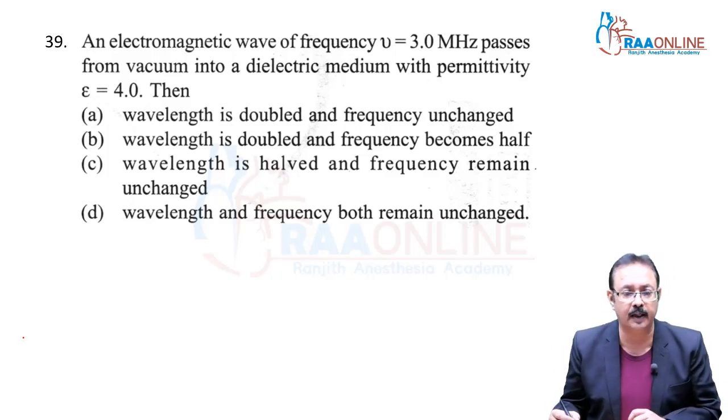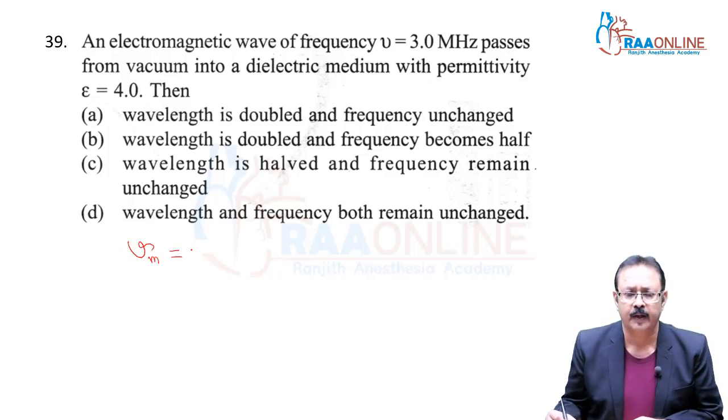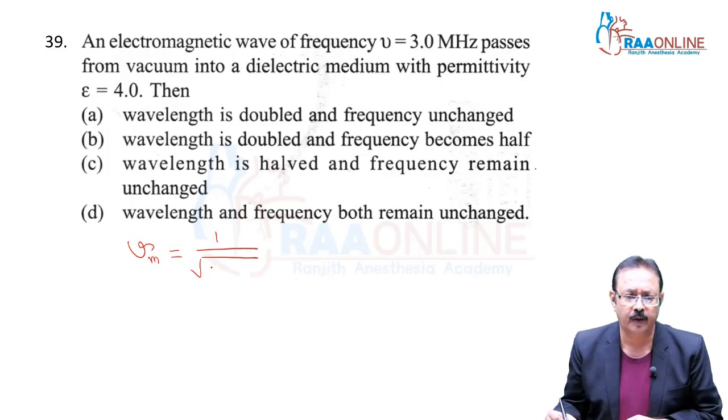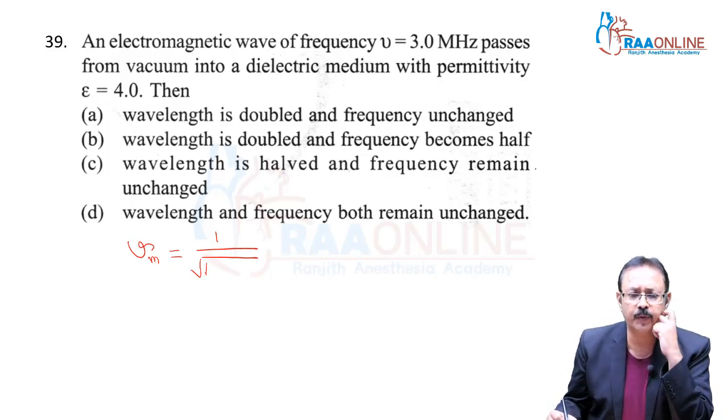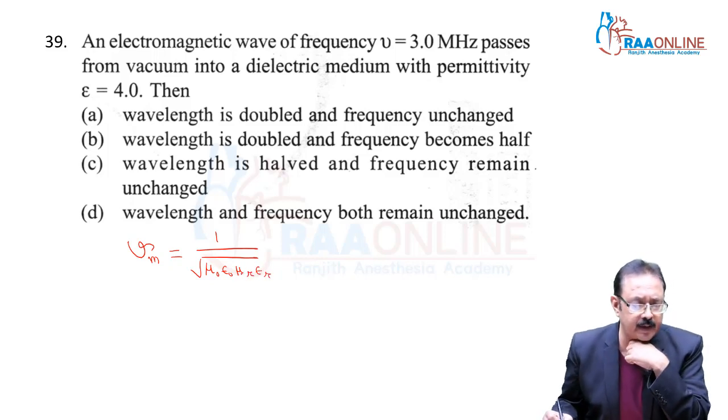And the velocity of an electromagnetic wave in any medium is given by 1 upon under root mu into epsilon, it means mu naught epsilon naught mu r epsilon r. So everything is given now.